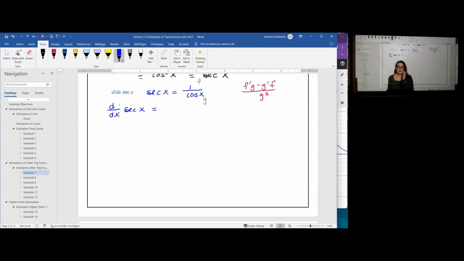We will learn something called the chain rule, which will greatly simplify finding these quotient derivatives. This now gives me the derivative with respect to x of 1 times cosine x minus the derivative with respect to x of cosine x times the 1, all divided by cosine squared of x.